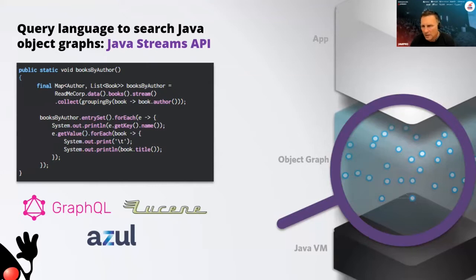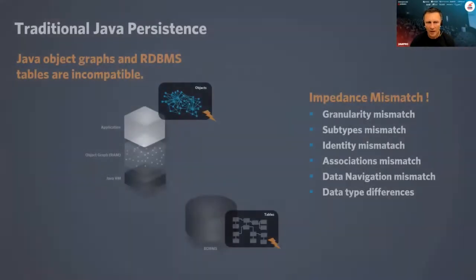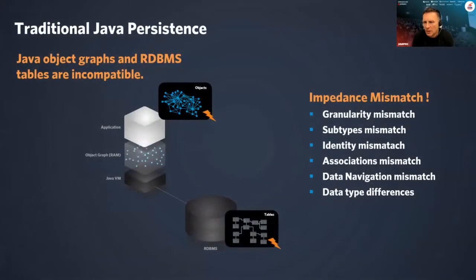The only thing actually missing in Java was always a native persistence, and this is the reason why we use external database systems. Or in other words, database systems were invented in the late 60s, so they were already on the market when Java came on the market. So this obviously was the reason why we had to use database systems.